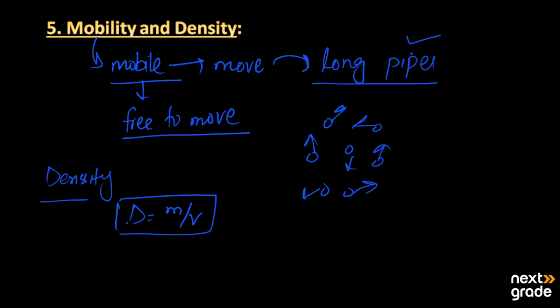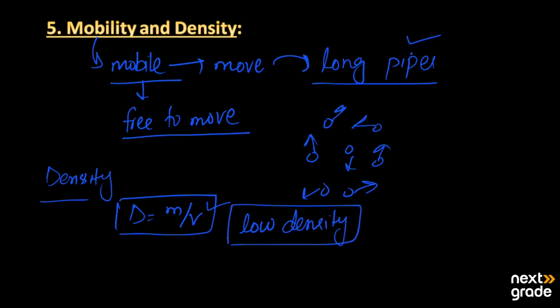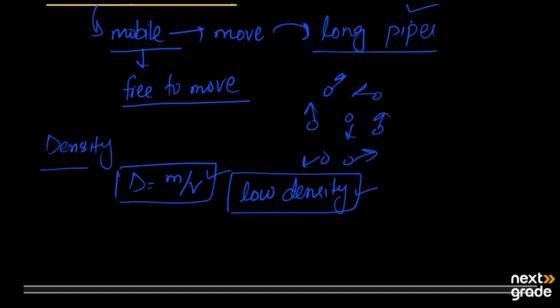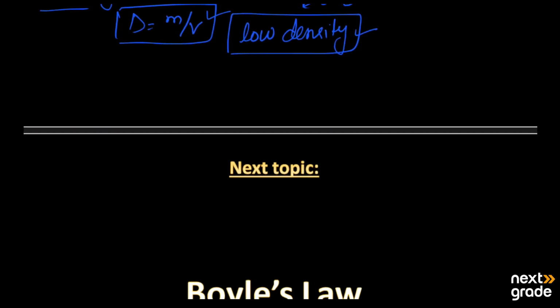All the gases occupy all the space that they have. So in turn, the gases have low density as compared to the liquids. You have to learn that the density of the gases is low as compared to the liquids. So these are the properties of the gases in detail.